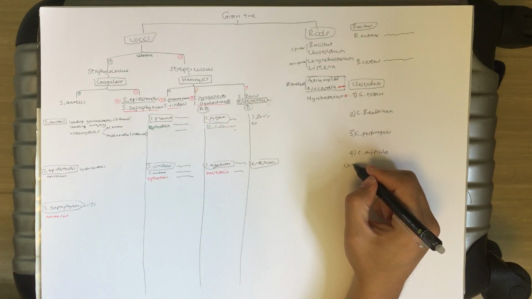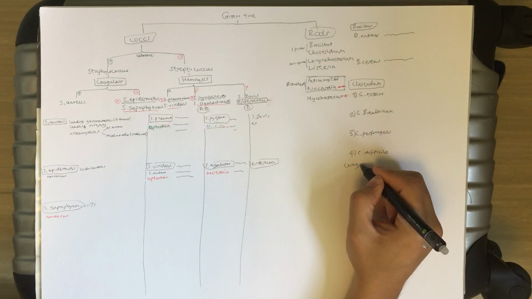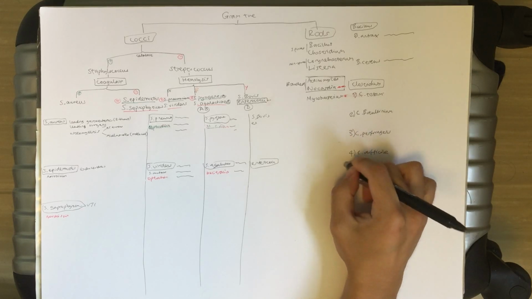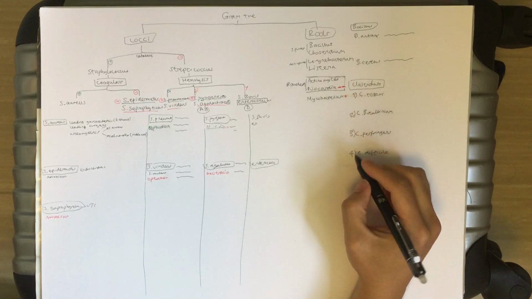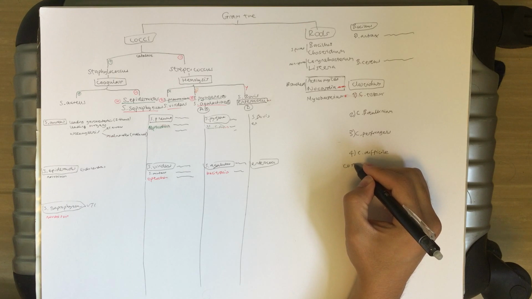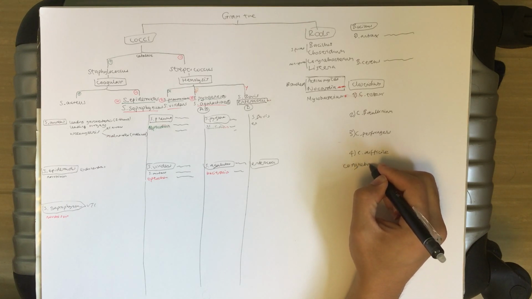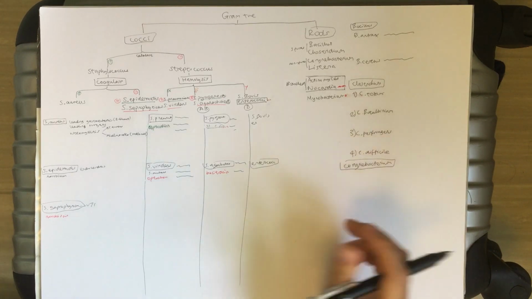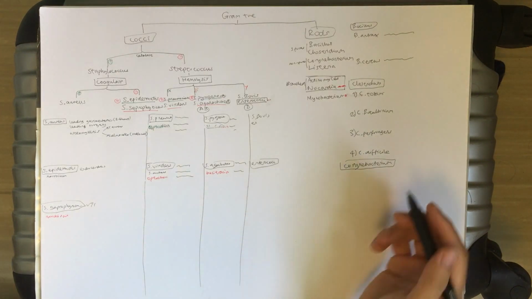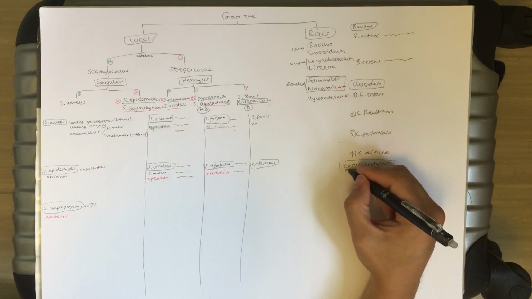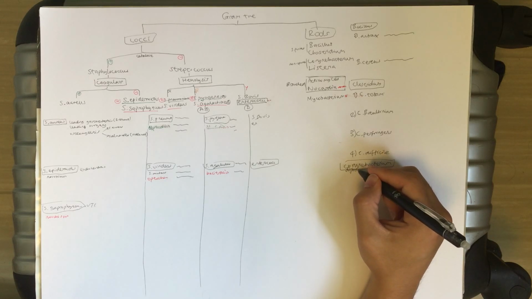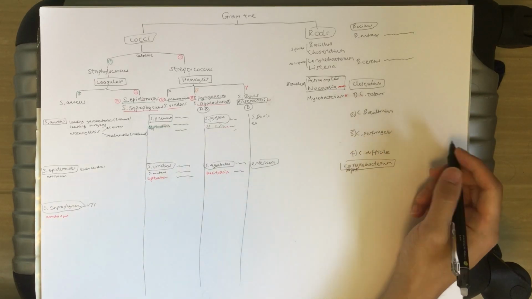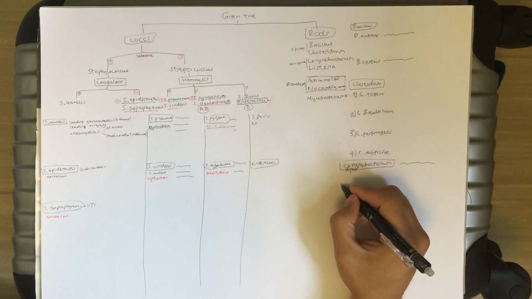And Corynebacterium. I spelled it wrong. I'm just quickly writing it out, just to let you guys see what the diagram should look like in the end. So Corynebacterium diphtheriae. I didn't write diphtheriae here, so just write it here. And then you write information here.